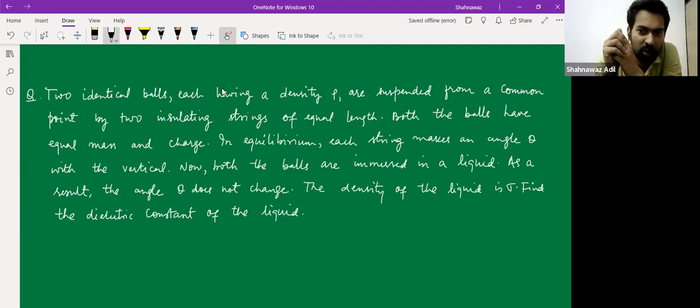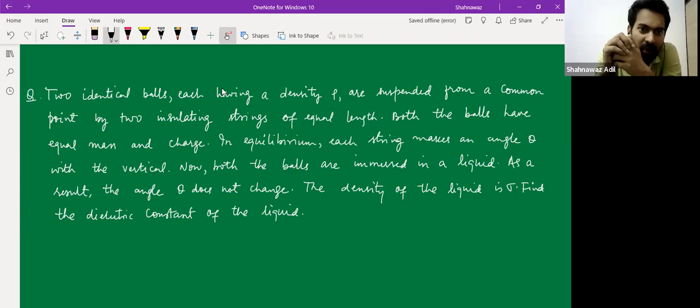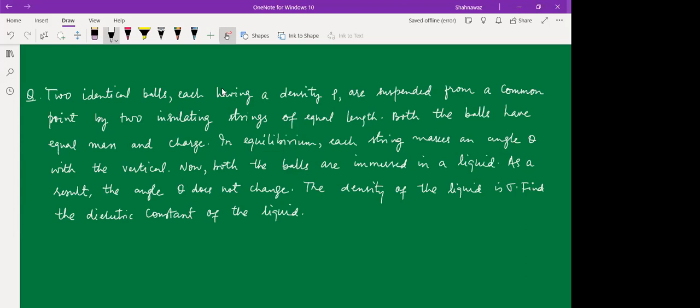So there are two points to remember. Whenever you place some charge in a medium, the Coulombic force gets decreased by the factor of the dielectric constant, right? Is it epsilon of the medium by epsilon naught? Yes.